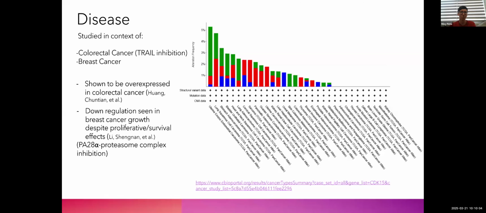One research paper I found showed that it was overexpressed in colorectal cancer, and that overexpression then increased the expression of PAC4 because it was being hyperactive, and then that PAC4 expression increased metastasis, proliferation, resistance to apoptosis, et cetera, et cetera. However, it's also been shown to be downregulated in some cancers like breast cancer.